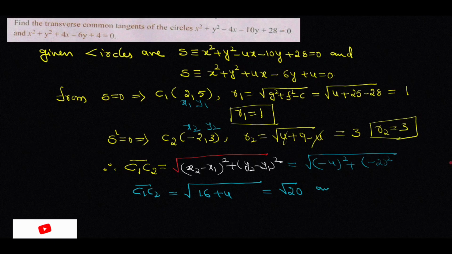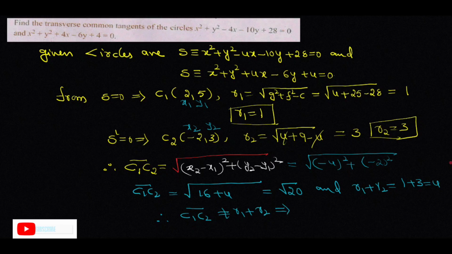The sum of the radii R1 plus R2 equals 1 plus 3, which is 4. Clearly C1C2 is not equal to R1 plus R2.